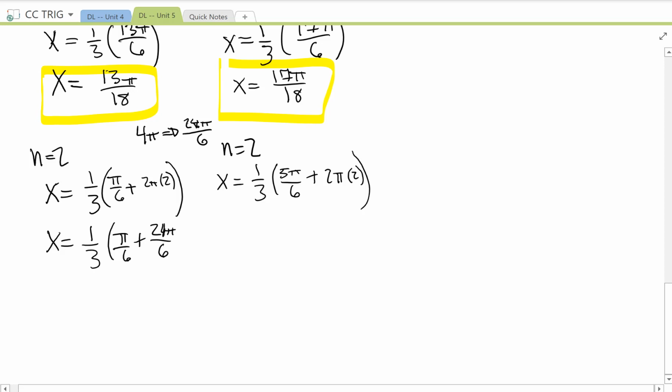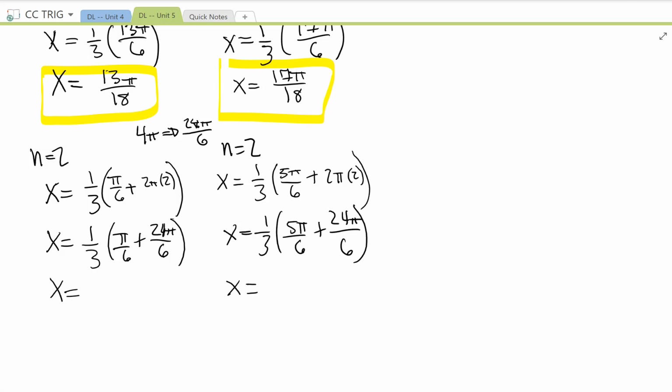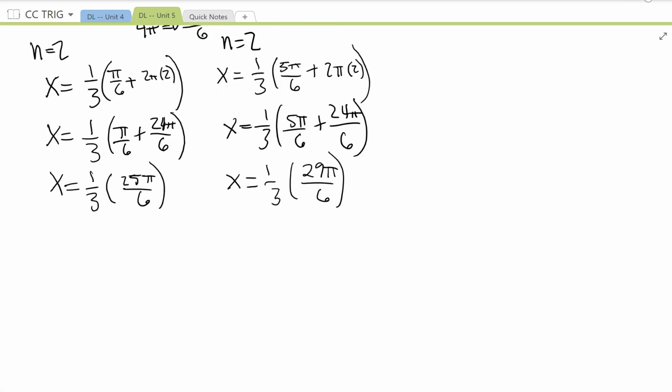And you can always check: 24 divided by 6, is that 4? Yes. Combine what's in the parentheses. We get 25 pi over 18 and 29 pi over 18.